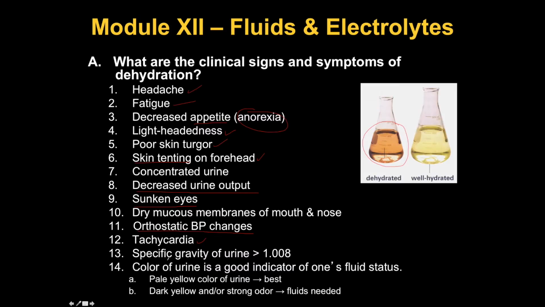The specific gravity of urine will end up being greater than 1.008, which is, by the way, a great way of measuring whether or not someone is dehydrated. And that's taking a urine sample and using a specific gravity test bulb to measure the amount of specific gravity that urine has.